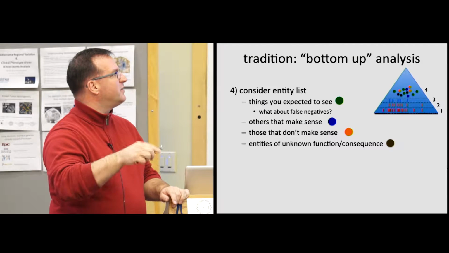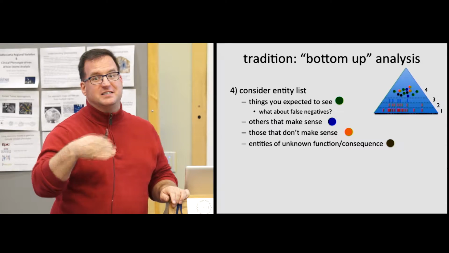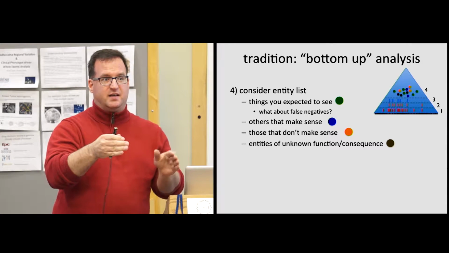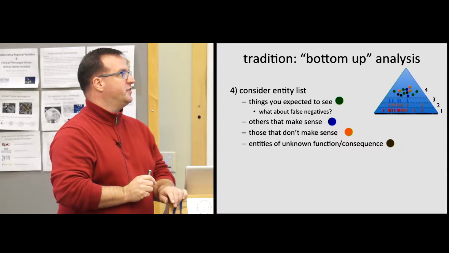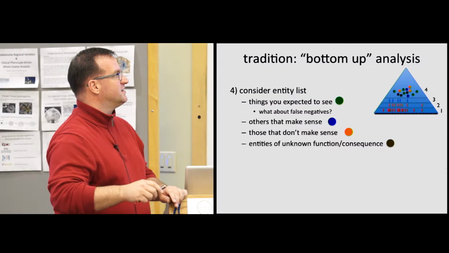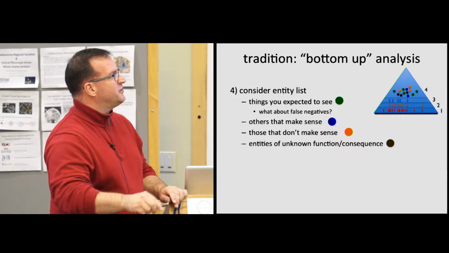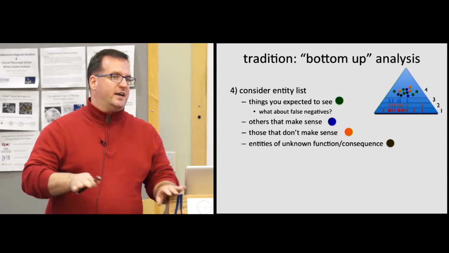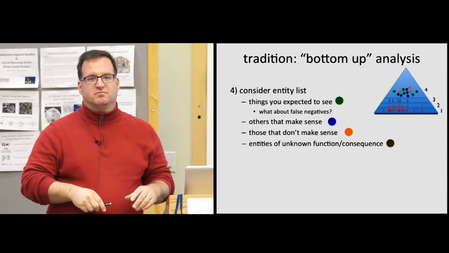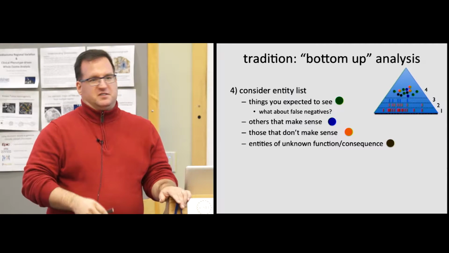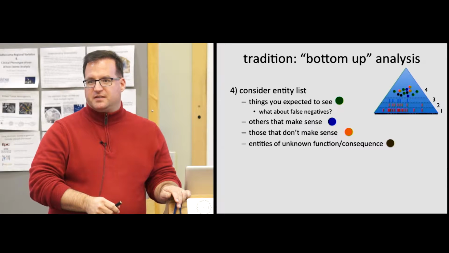Because remember, at the end of the day, we want to try to take this information and design the next experiment, the next hypothesis test that we're going to do in the lab to try to test some of these things. And then there's all the rest. The things that don't have an annotation, nobody knows what they do, it's locus 1, 2, 3, 4, 5, 6.